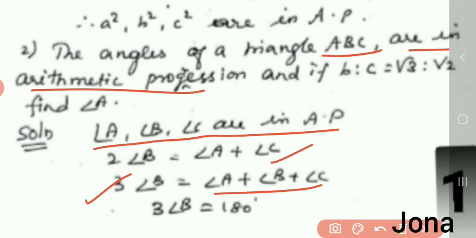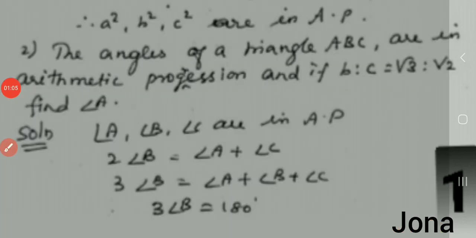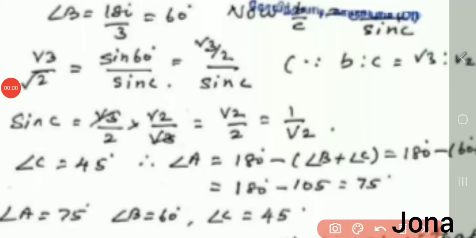So I can write 3B equals 180 degrees. Therefore angle B equals 180 by 3, which is 60 degrees. So now we got the value of angle B as 60 degrees.